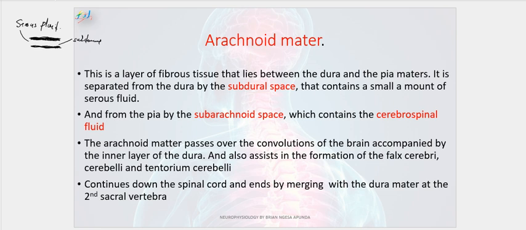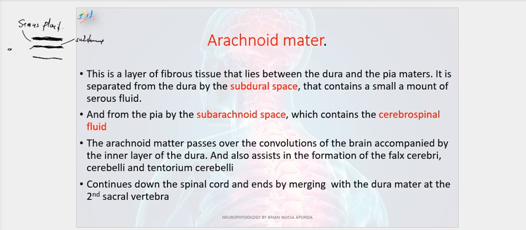Now, just beneath the arachnoid, you expect the pia mater. So let's thin this layer to make a clear distinction. Let's label the arachnoid as arach, which should be enough, and the meningeal dura as dura.